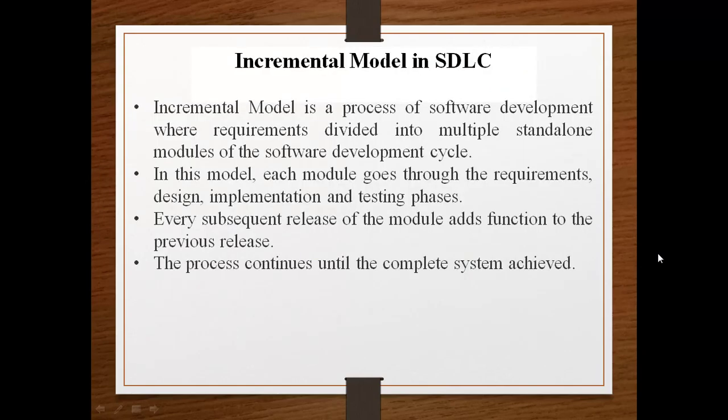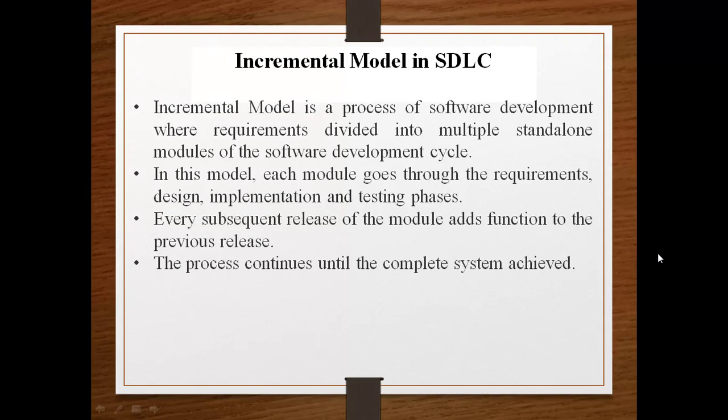It is a process of software development where requirements are divided into multiple standalone modules of the software development life cycle. So here in this model, each module goes through requirements, design, implementation and testing phase. Every subsequent release of the module adds function to the previous release. The process continues until the complete system is achieved.